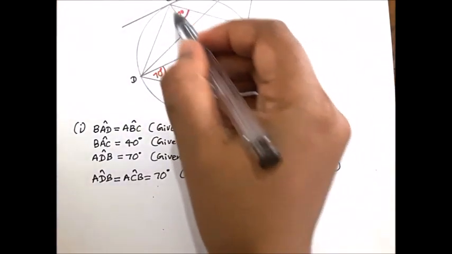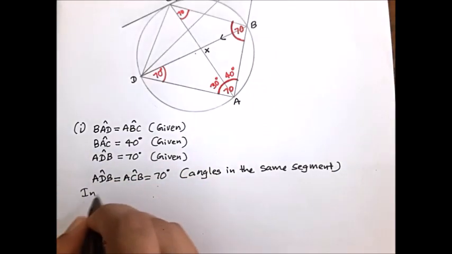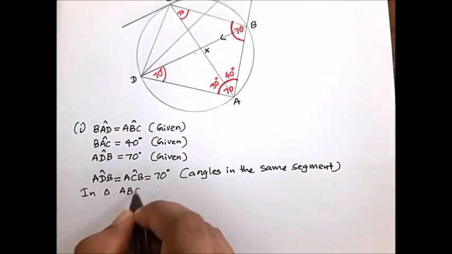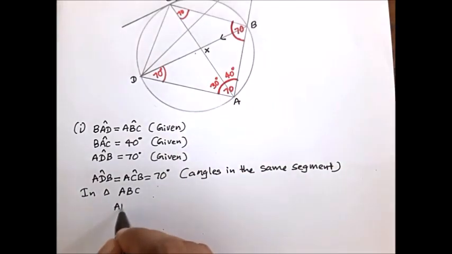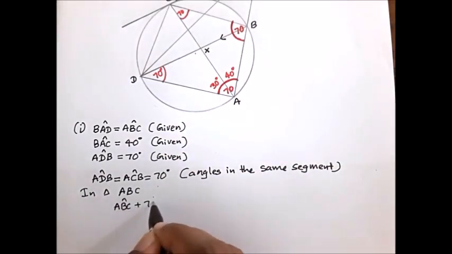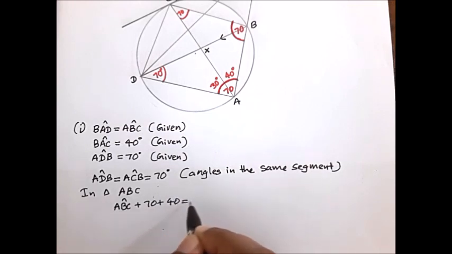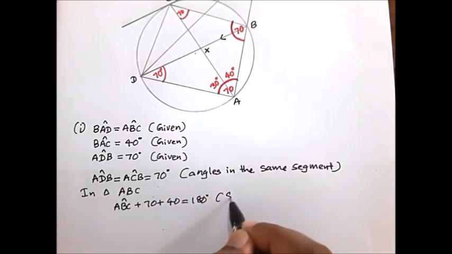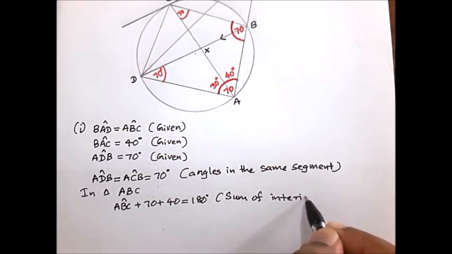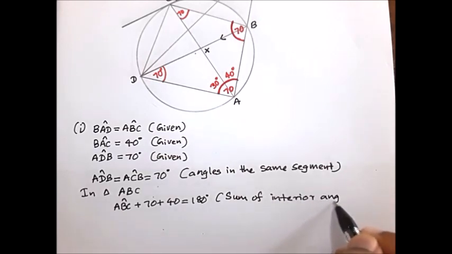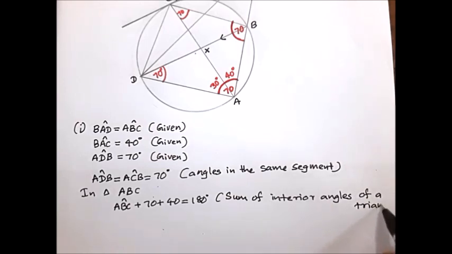Now consider triangle ABC. In triangle ABC, you have to find the angle ABC. ABC plus 70 plus 40 equal 180. Sum of interior angles of a triangle. Now subtract 70 and 40 from 180.